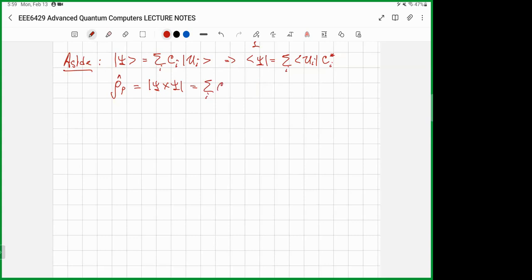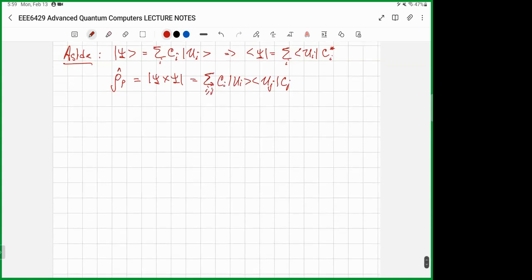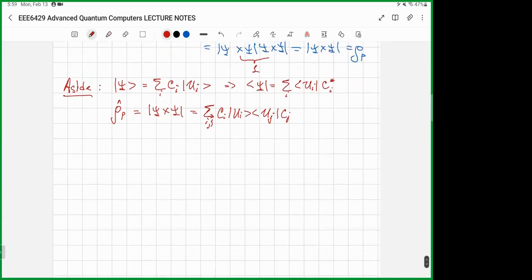So it will be Ci Ui, and then Uj Cj. I have to use another index because I is taken already, and this is the product of two, so the index here must be different. Cj complex conjugated.